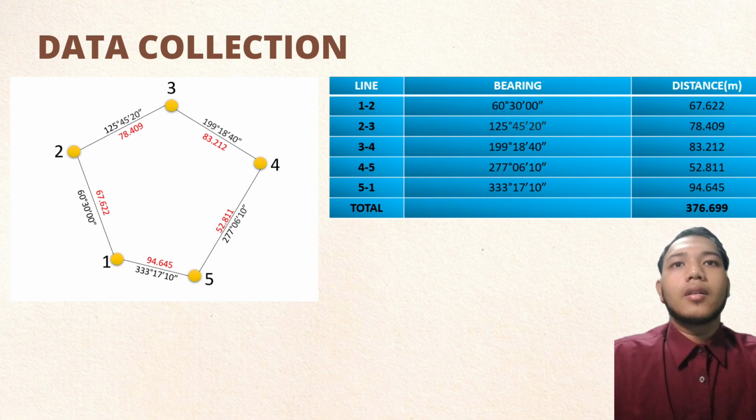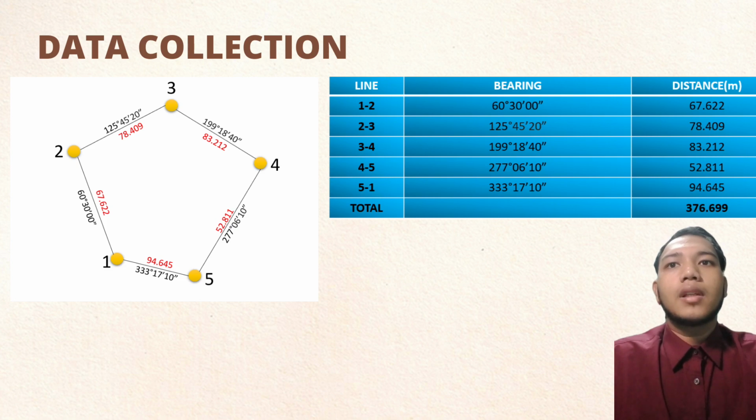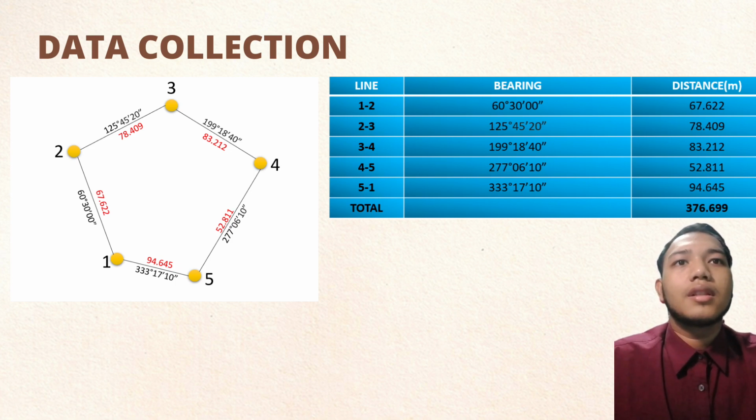Okay, next I will explain about analysis and data calculation. First, we have the data collection. At first we have line 1 to line 2. The bearing is 60 degrees, 30 minutes and 00 seconds. The distance is 67.622.